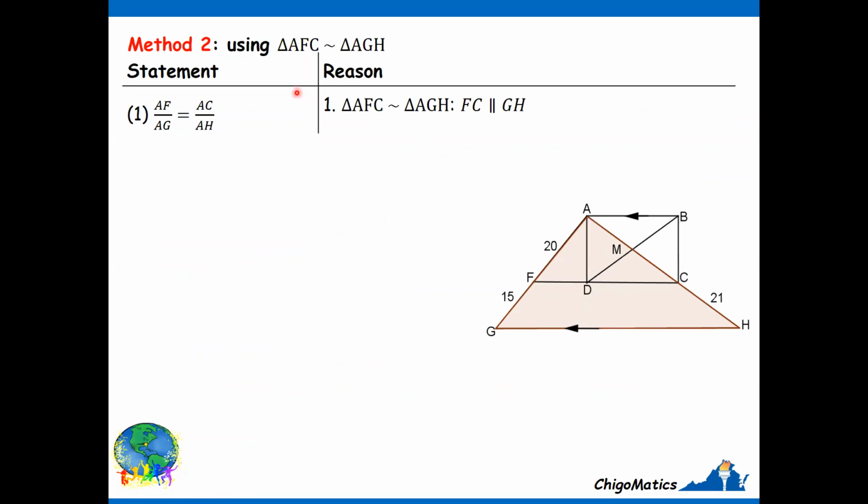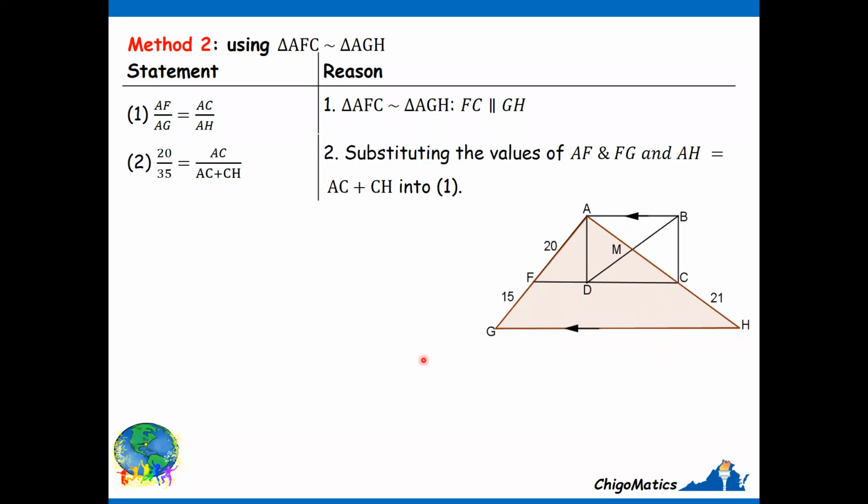Let's go to method number two. Now I'm going to use triangle AFC similar to AGH. Because the side I want is AC, these are the two sides I'm going to find their proportion. So I'm saying AF over AG, the bigger triangle, is equal to AC over AH, because the two triangles are similar.